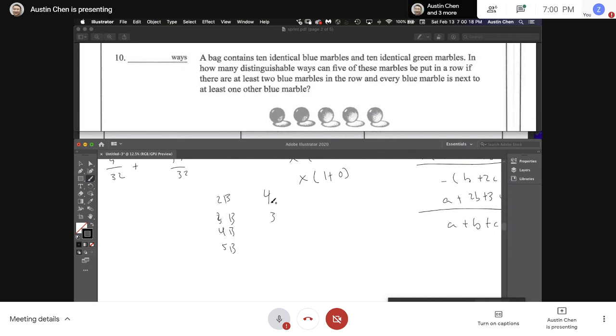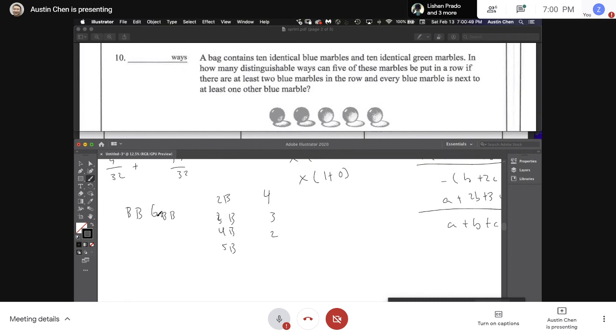So that's 3 ways. Now for 4 blue marbles, you can have them all together, and that gives you 2 ways: either at the start and then 1 green marble, or 1 green marble and then them at the end. But you can also have them separated. You can have 2 blue here, then a green in the middle, and then 2 blue at the end. This works because the blue marbles are still paired, and there are 4 blue marbles.